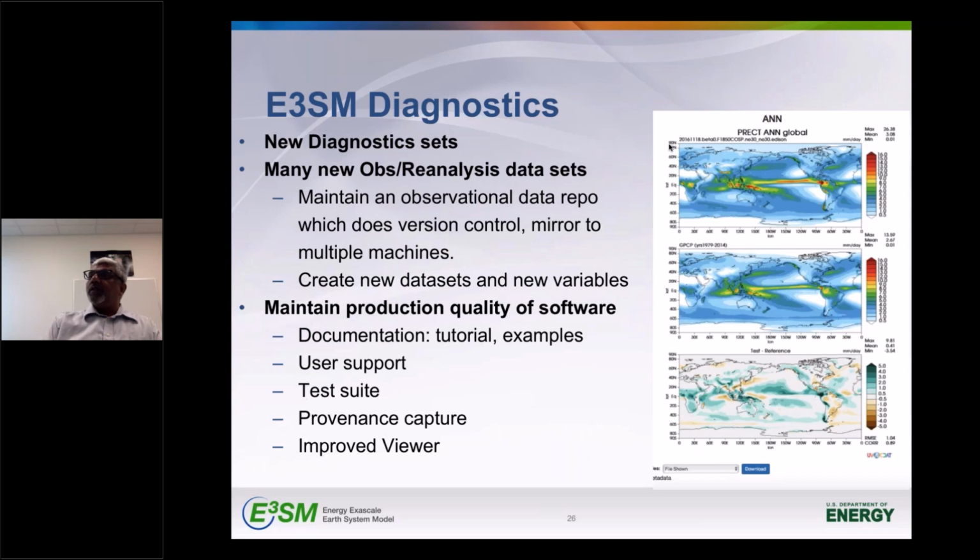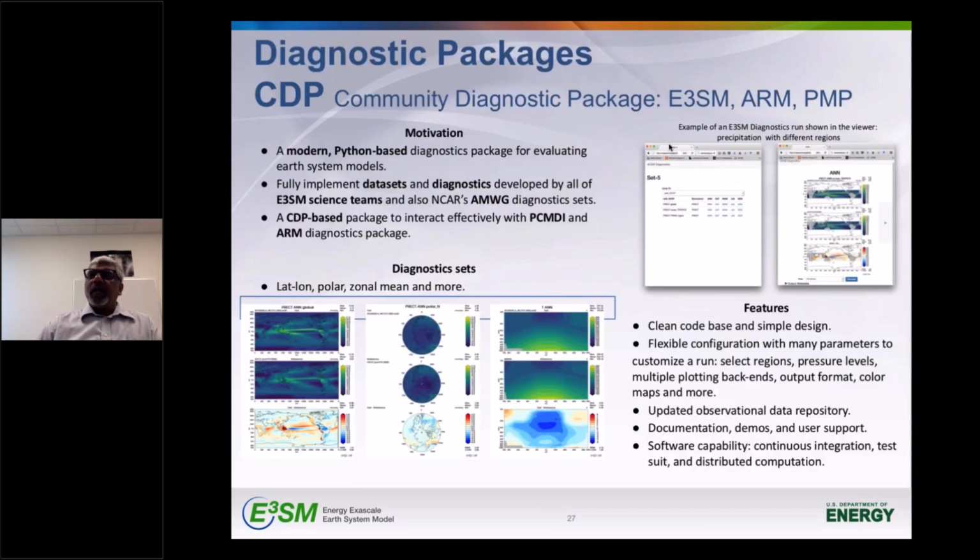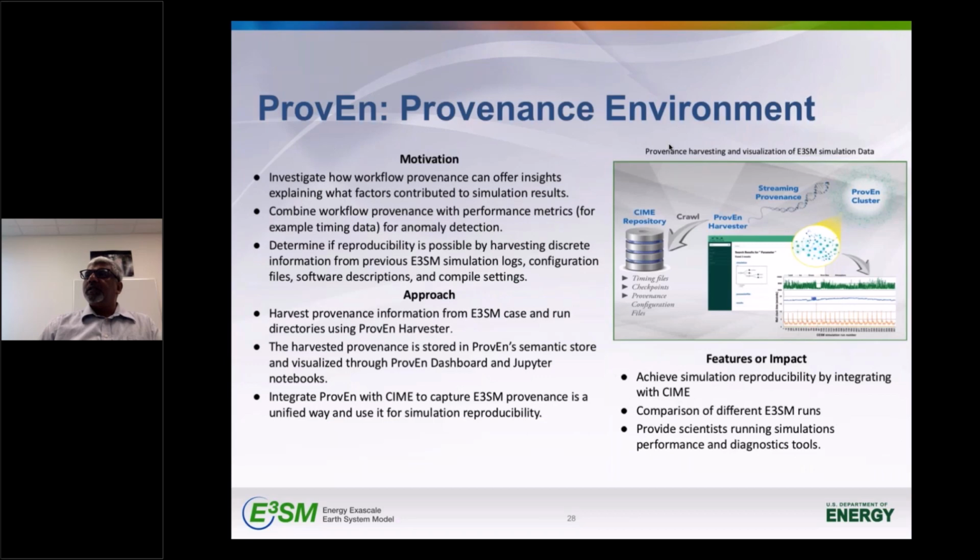After these plots are generated, they are hosted in a web server unique to that experiment or that analytics part of it, and the scientists can go and look at the results at their own convenience. And I'll skip that too, and I will come to the provenance part of it.